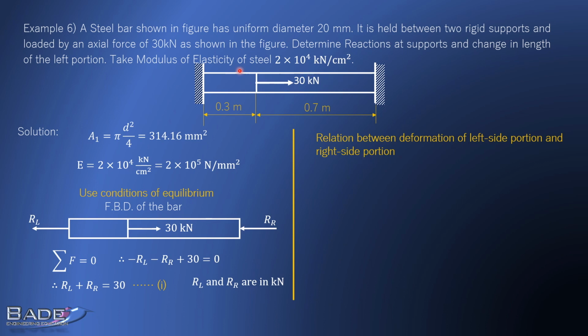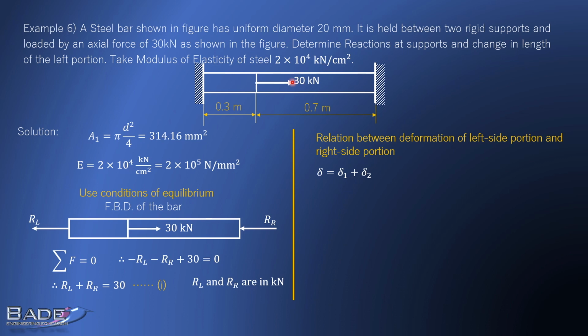How do we relate the deformation of the left side and the deformation of the right side? Delta is equal to delta 1 plus delta 2. But now, this bar is in between two rigid supports. When you apply the 30 kilonewton force, it creates a pull on the left side portion, and it creates a push on the right side.